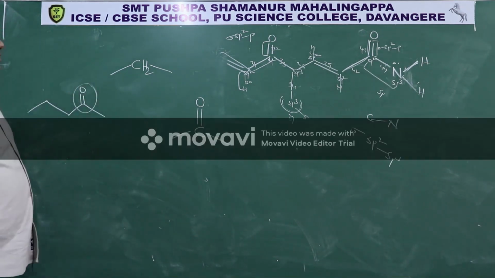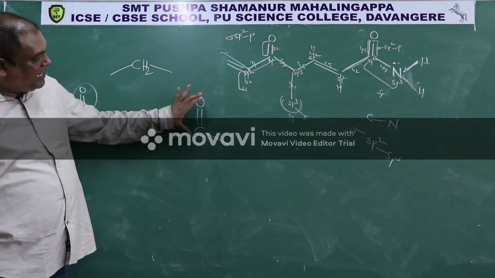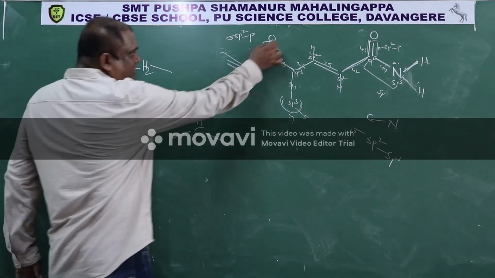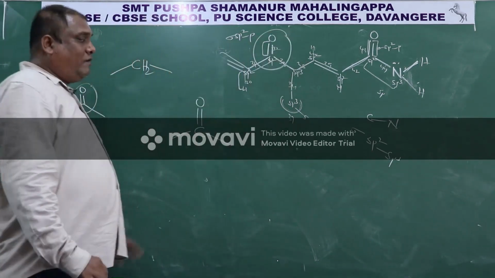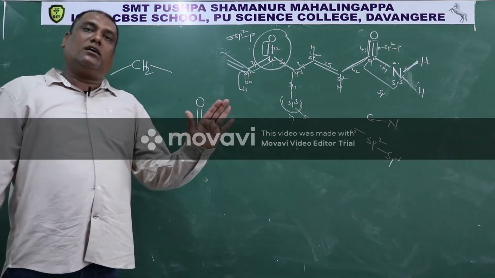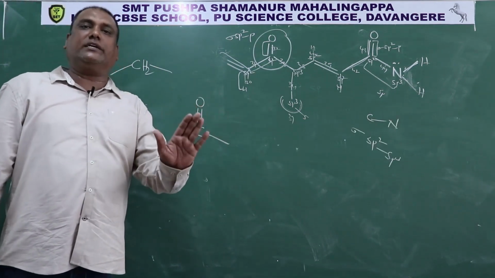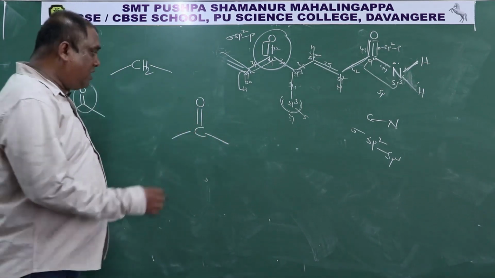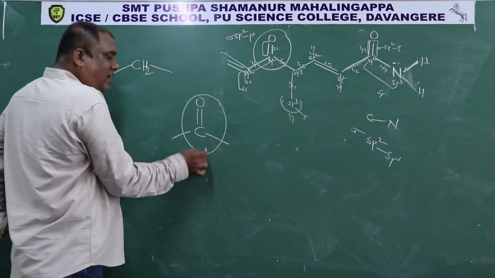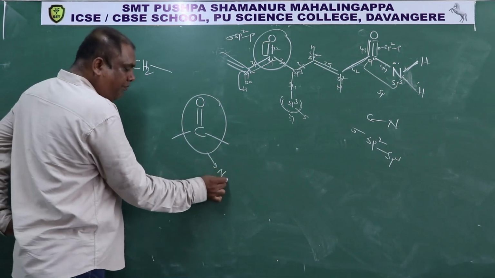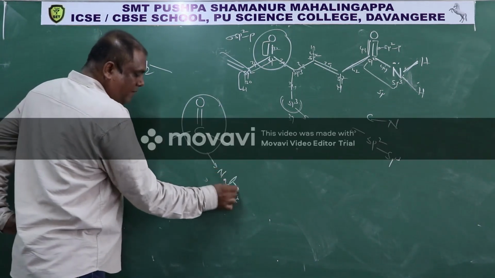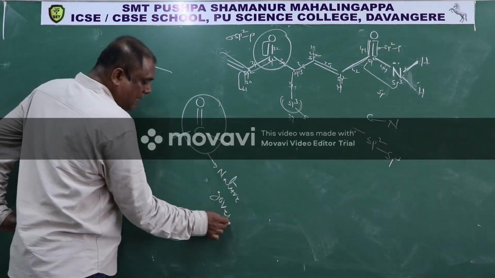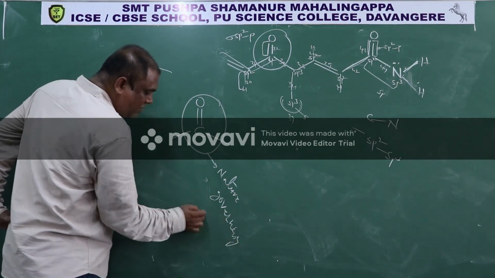It means the presence of this particular group in the organic compound completely changes the nature, physical properties, chemical properties, behavior, everything. This is called the nature governing group.